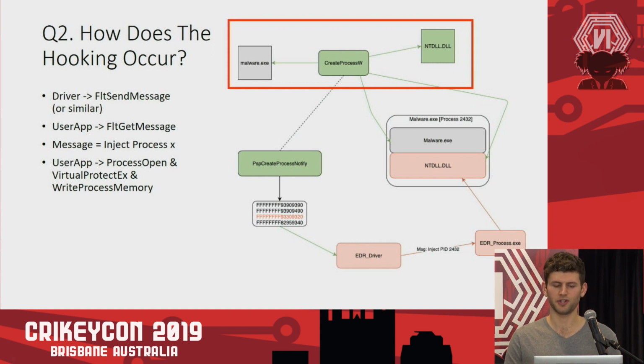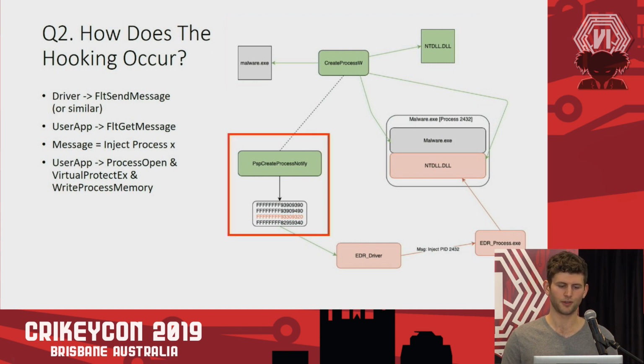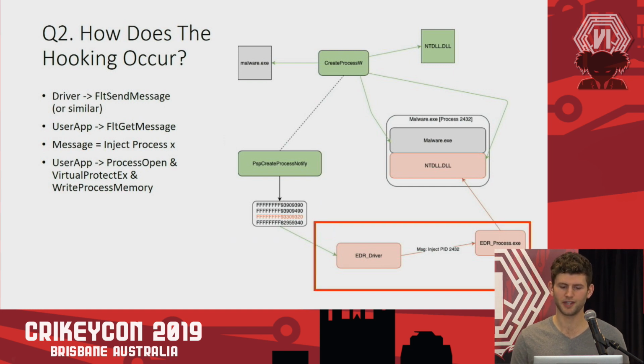And since the process was created, the kernel is going to go through the PspCreateProcessNotifyRoutine callback arrays, and it's going to call back any kernel drivers that registered to be called back. The EDR driver obviously would have been registered for that, and it gets notified. At this point, the EDR driver hands off the rest of the work to its userland process. And it says, hey, userland EDR process, I want you to patch NTDLL in this process ID.